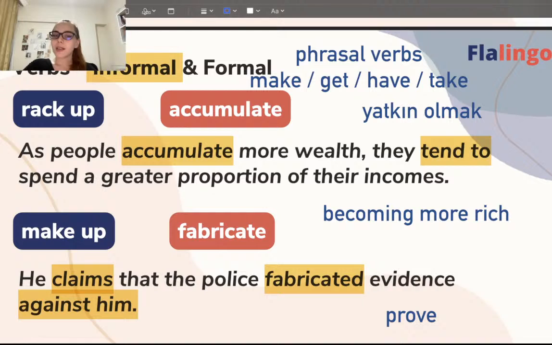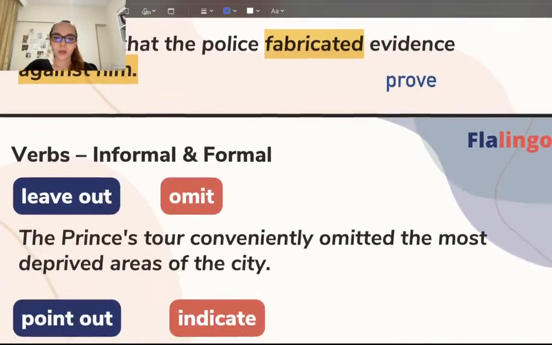But rather, we should use formal words. They are the same thing, they're alternatives of each other. So we can use the formal one instead of the informal one. So phrasal verbs mostly are about informal verbs like rack up, make up, down, up, down, on, in. Those are the opponents of phrasal verbs. All right. So let's continue.